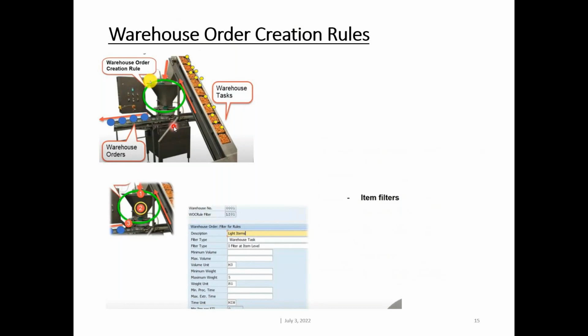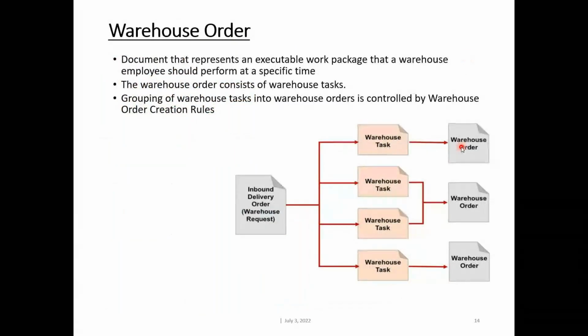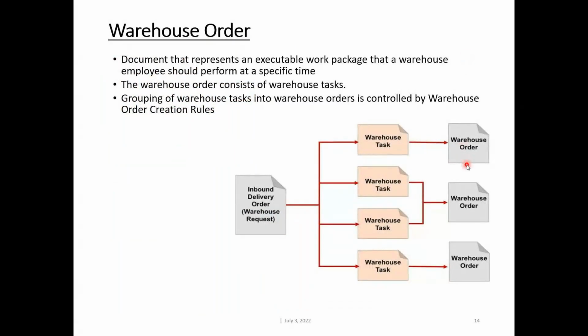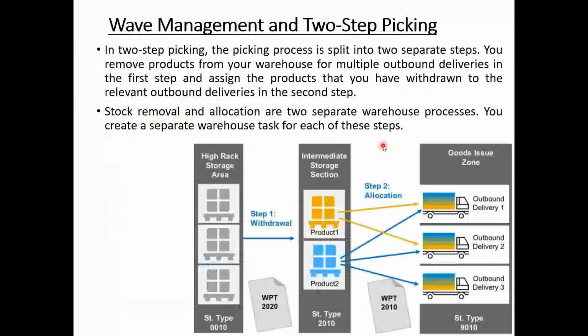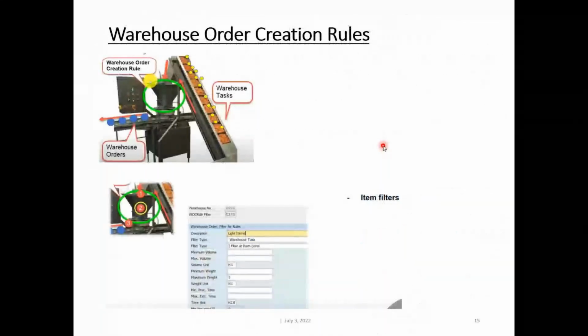So if you have the warehouse order for the forklift operator, then the warehouse order contains 5 different tasks. And if the warehouse order is for the normal resource, then it will have one task. Any question so far? No.